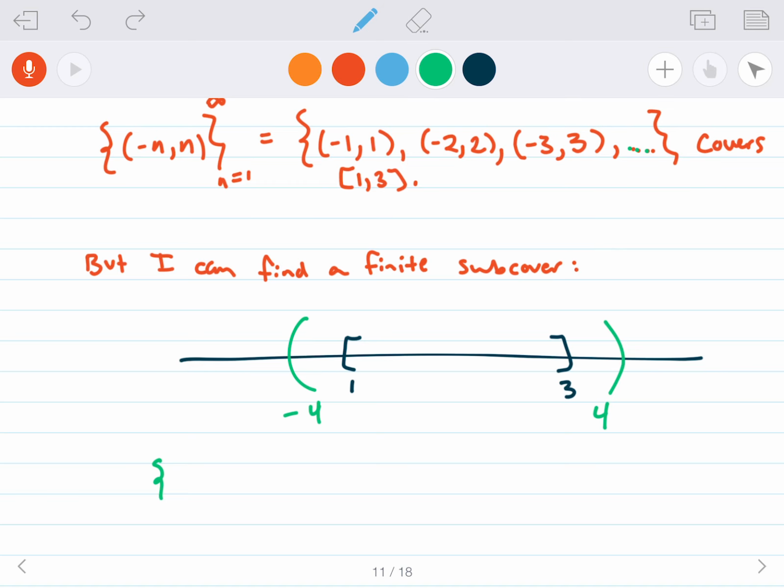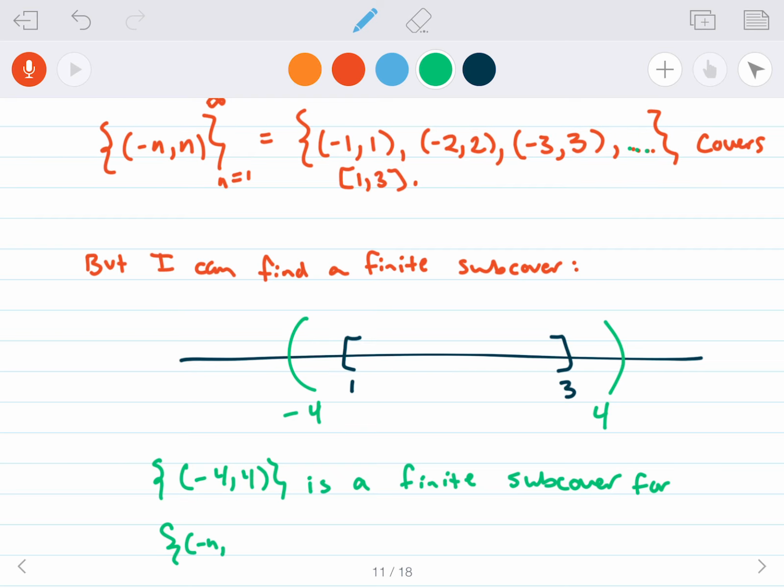I'm probably saying way too much about this, but hopefully this helps some of you see it. I remember when I first learned about this stuff, I was like, what are you talking about? Finite subcover? What? So let's write it. Negative 4 to 4 is a finite subcover for this infinite thing.